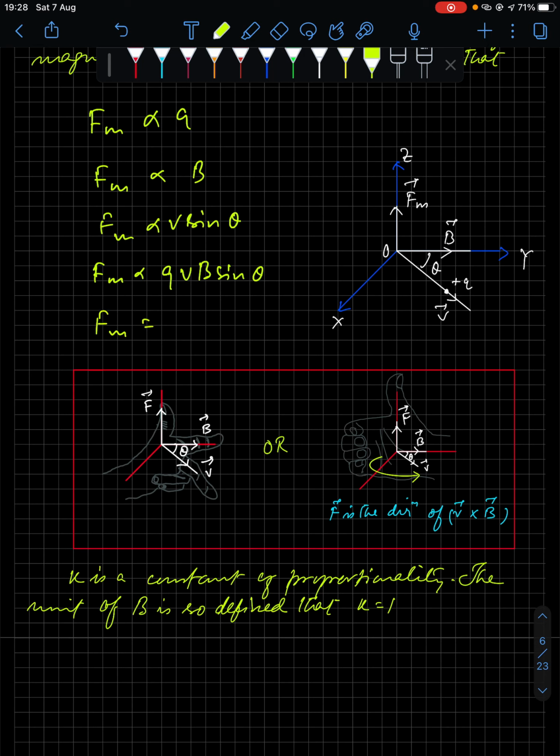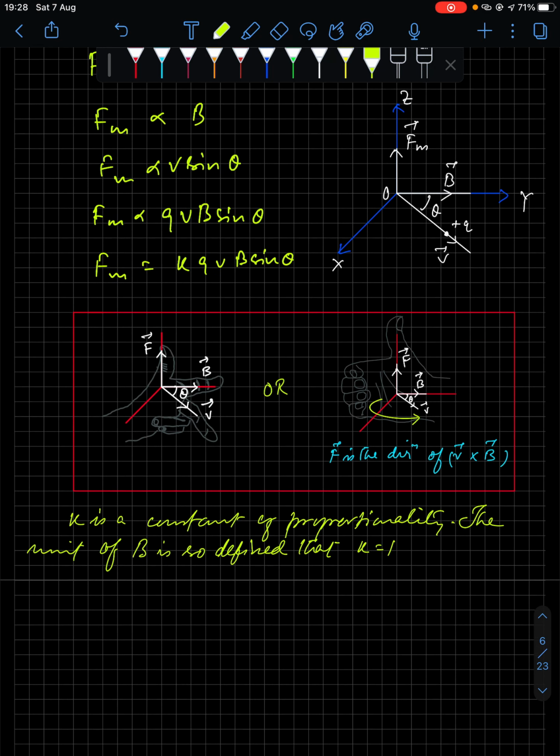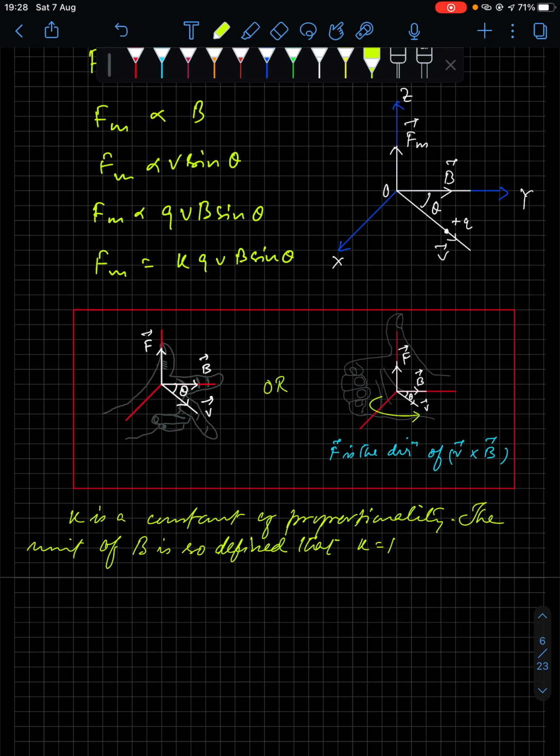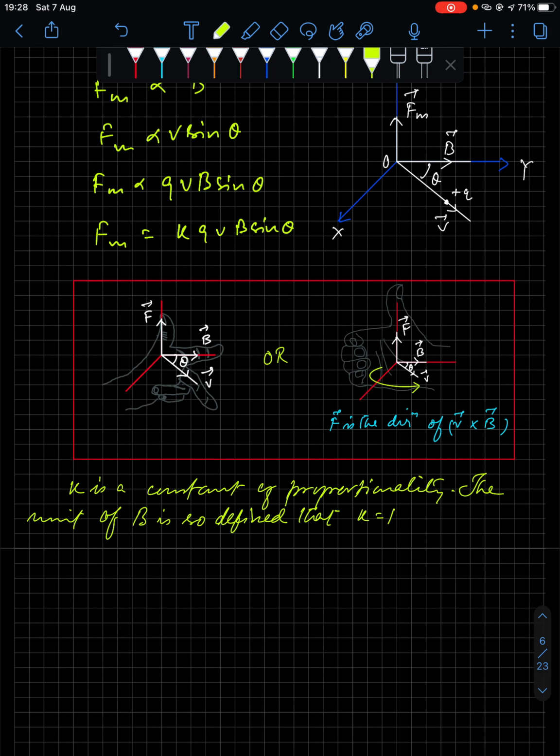Now this proportionality can be turned into an equality by including a constant k, so Fm equals k qvB sine theta. I'll come to the two rules shown over here, which show you the direction only.